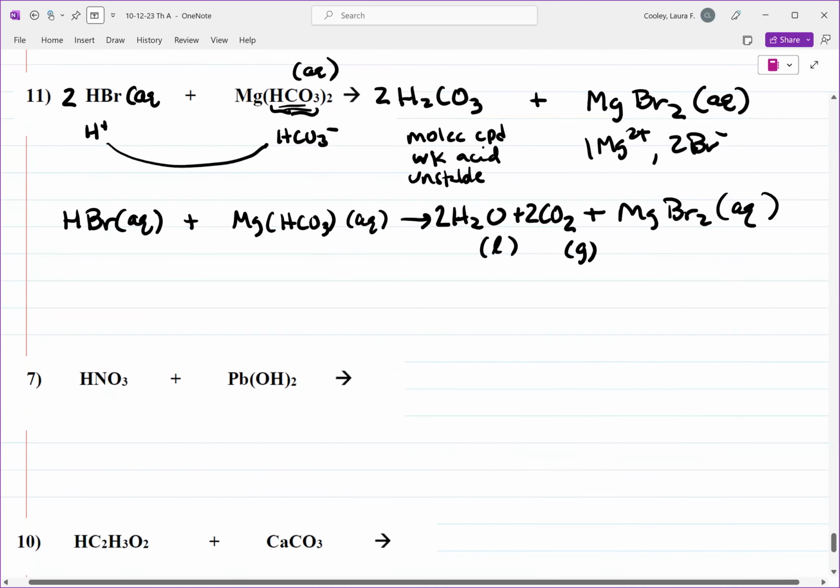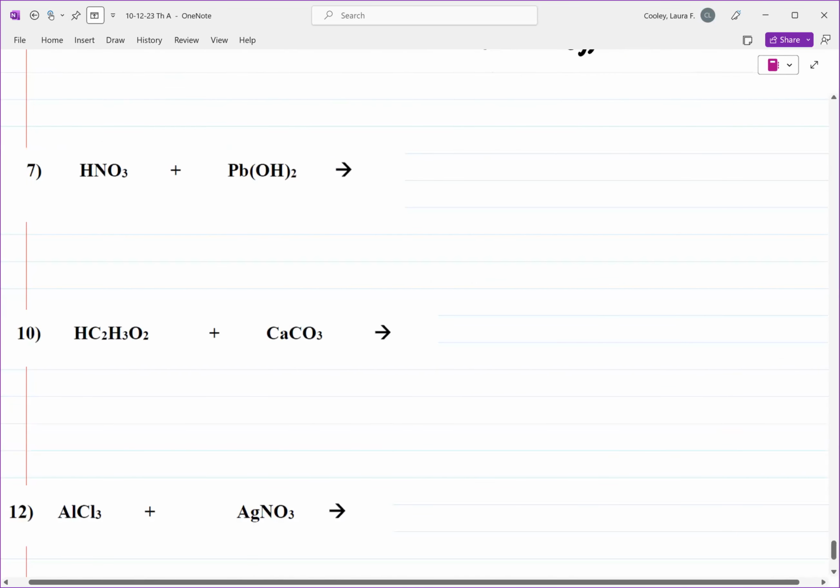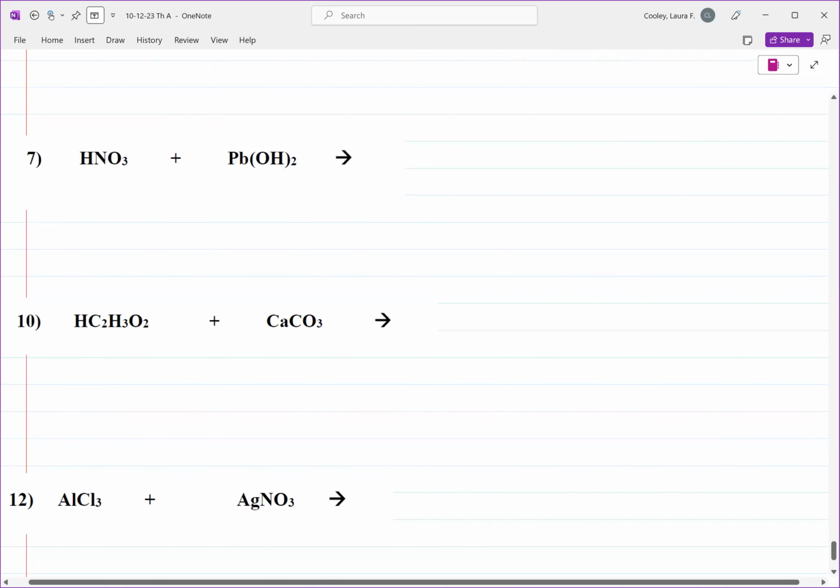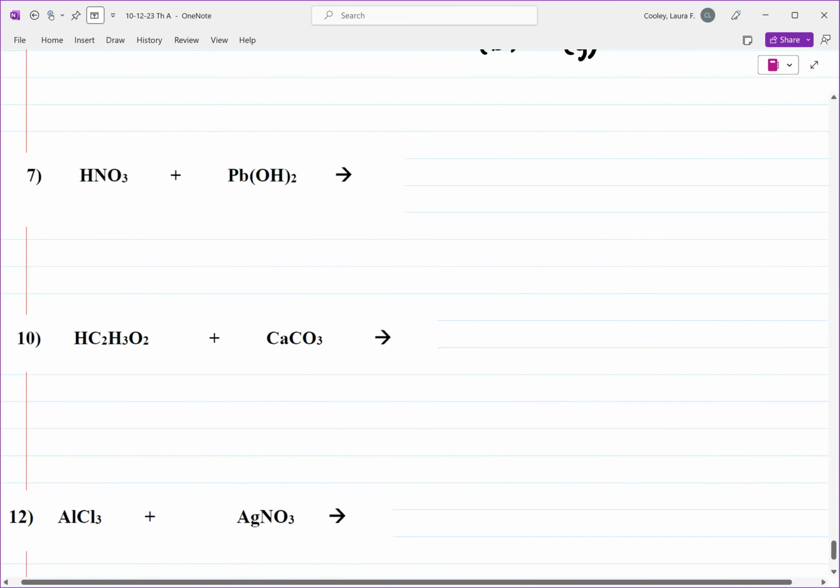All right. So how about you work on these 3? And I'm not telling you which is which. You have to figure it out. These are different types of reactions that we've studied today.